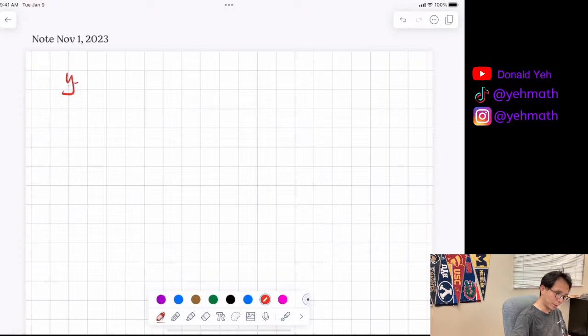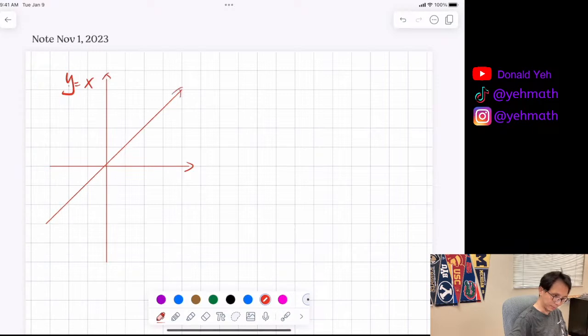So you learned y equals x. That's an odd function, a straight line, so it looks like this.